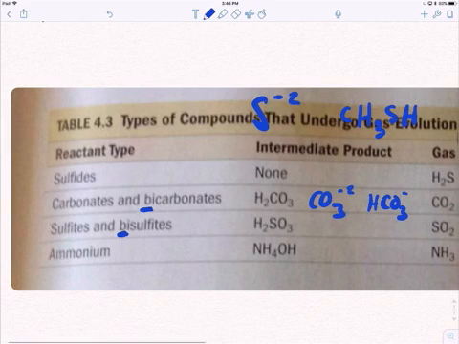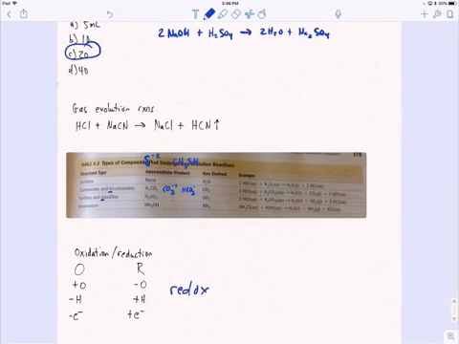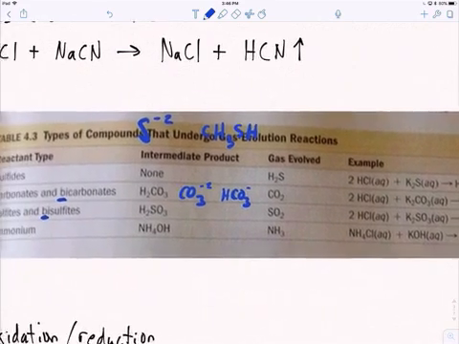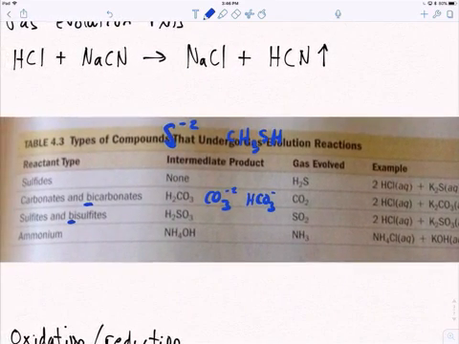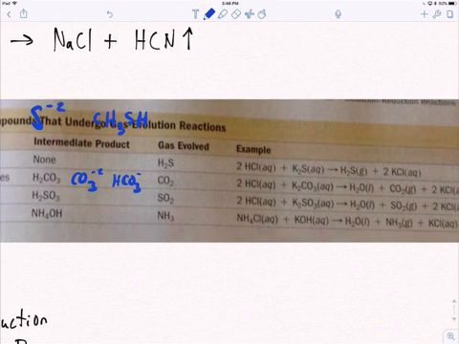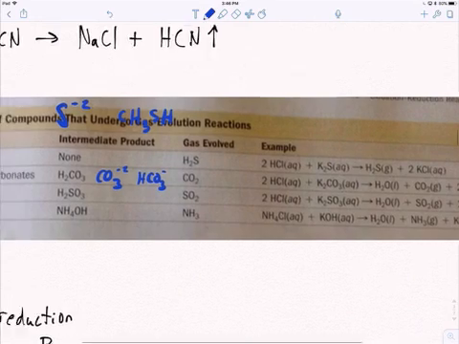Carbonates and bicarbonates reacting with acid make carbon dioxide and water. So that's your old school baking soda, vinegar, volcano reaction, the bubbling of CO2. Same thing with sulfites and bisulfites, makes SO2 gas. Gives me a headache whenever I smell that stuff.